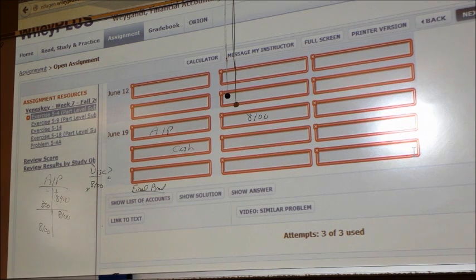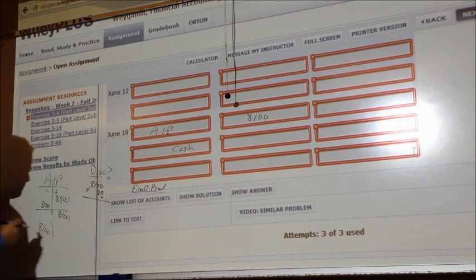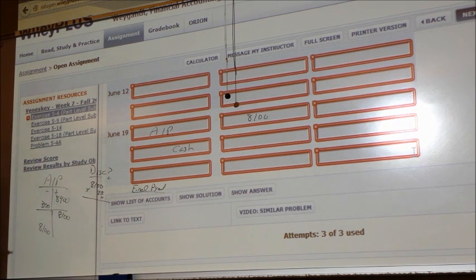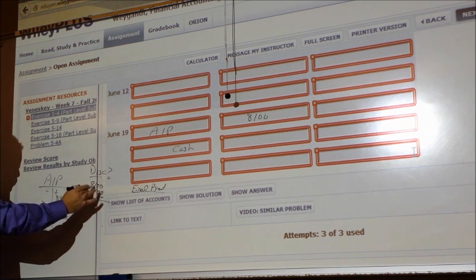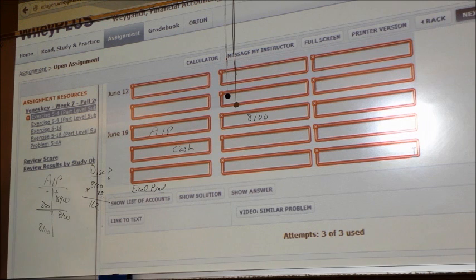They tell us 2/10 net 30 up at the very top. So times 2%. 2% of 8,100 would be $162. So I get $162 off of what I originally owed, $8,100.